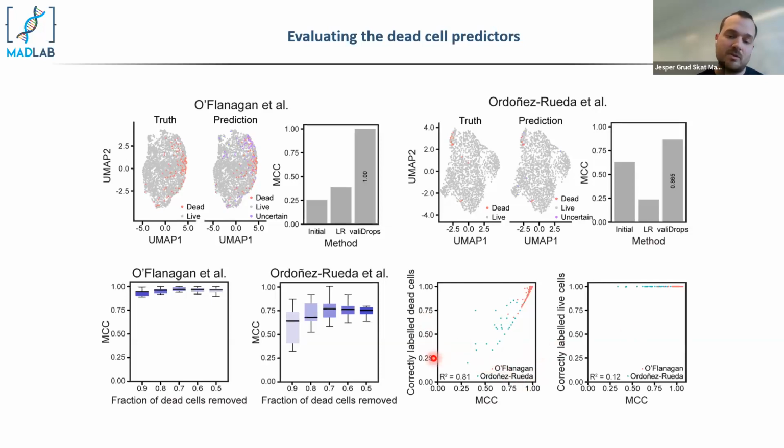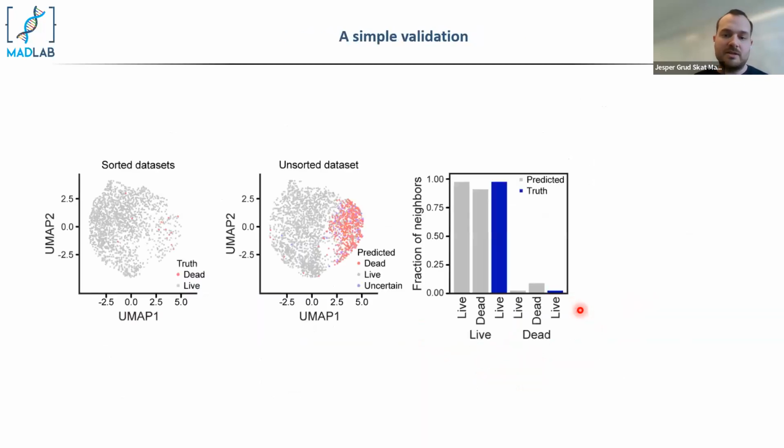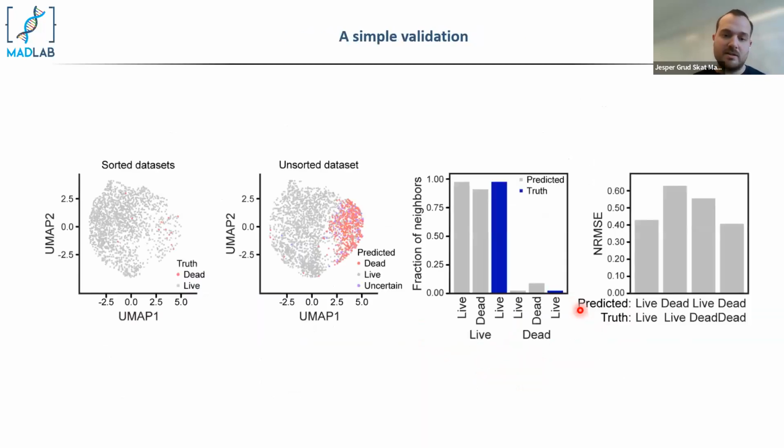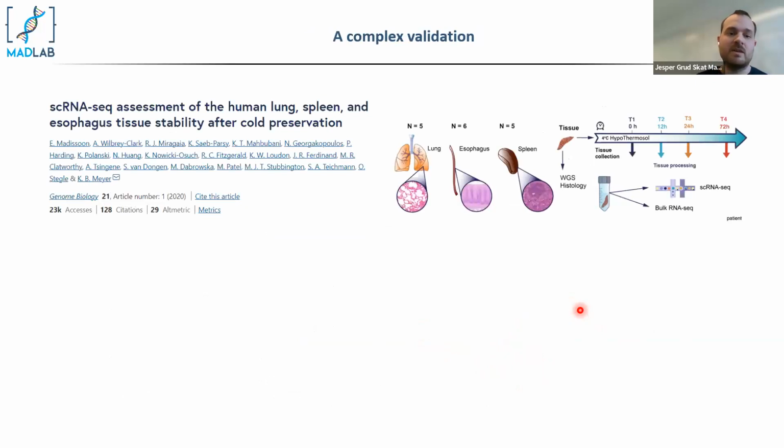So sometimes our method will misclassify a dead cell as live, but we will never misclassify live cells as dead. So this means that you will not actually lose anything by using this method, because we don't have these false positives.